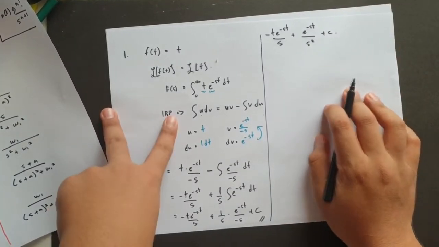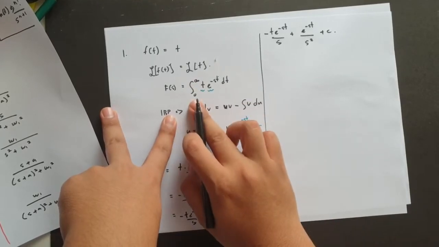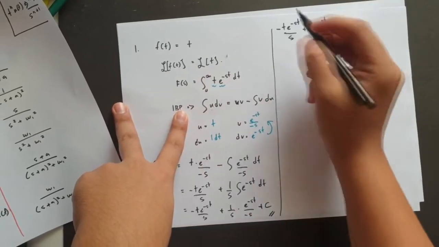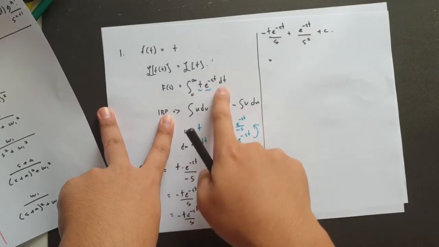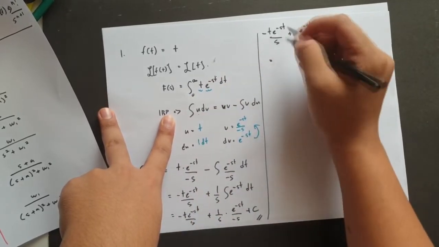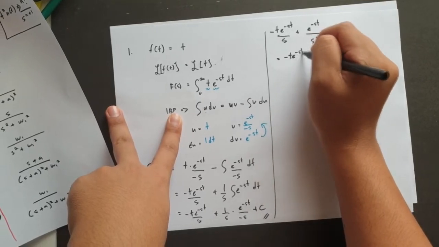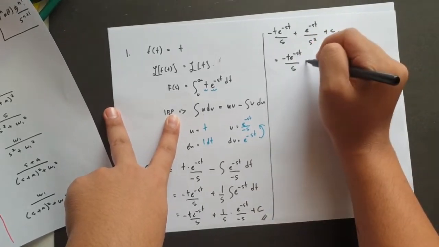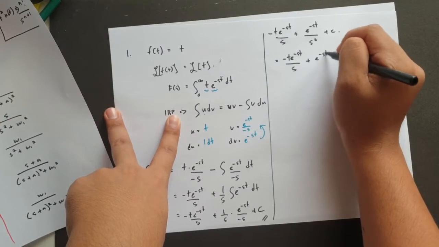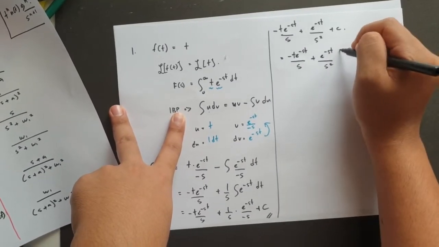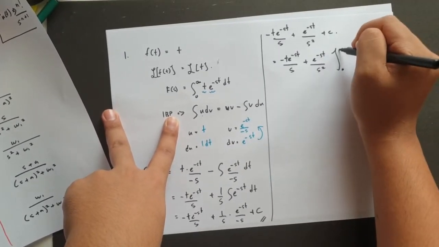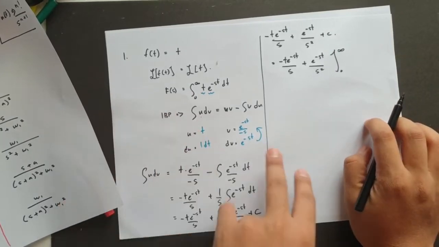Don't forget here the limit is from 0 to infinity, for the function of t. So you can write negative t e to the negative st over s, minus e to the negative st over s squared, with the limit from 0 to infinity.